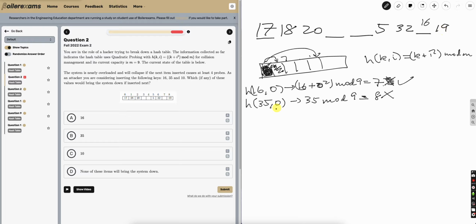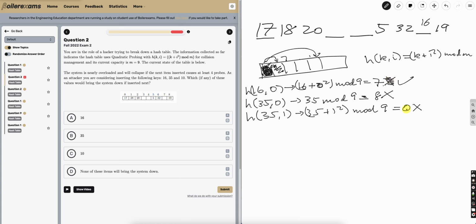So you increment i to check the next probe, h(35, 1). That would be 35 plus 1 squared mod 9, which is 36 mod 9, which is 0. And clearly spot 0 is already taken.